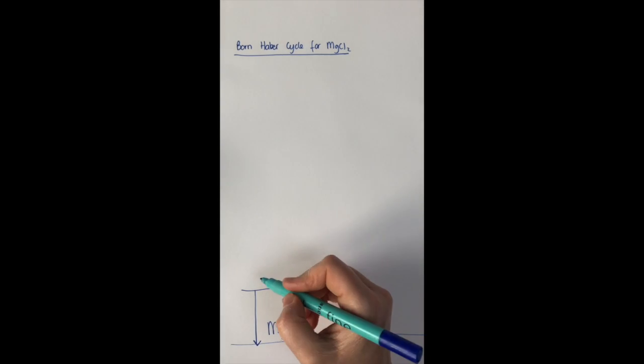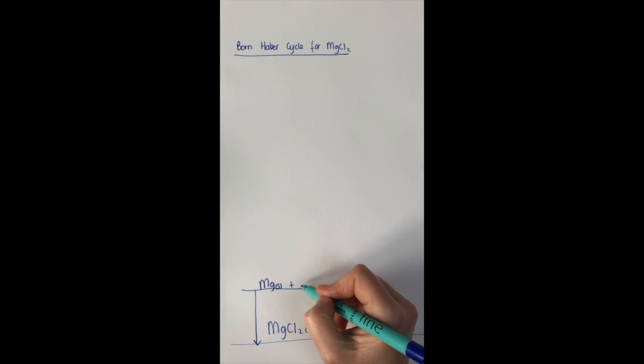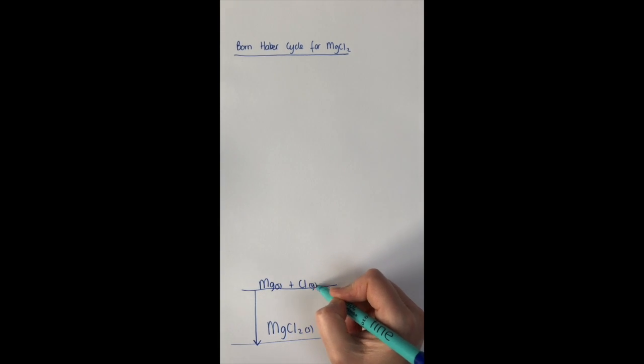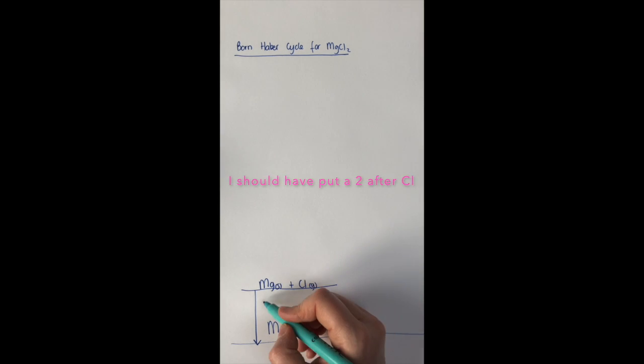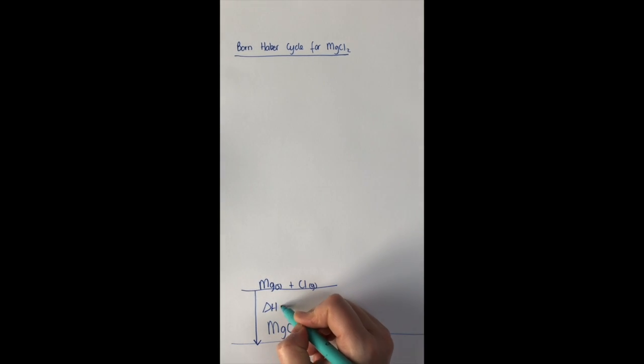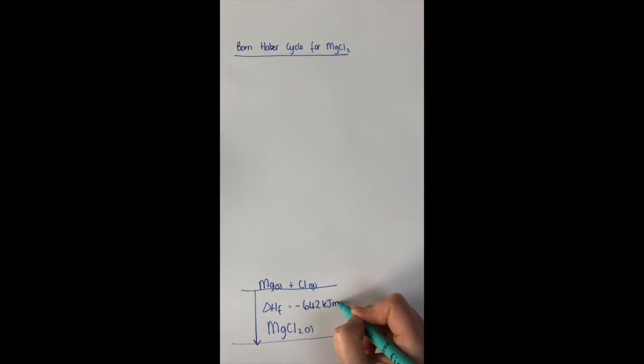Draw this line here. So we've got magnesium solid plus chlorine gas. And that enthalpy of formation has a value of minus 642 kilojoules per mole.